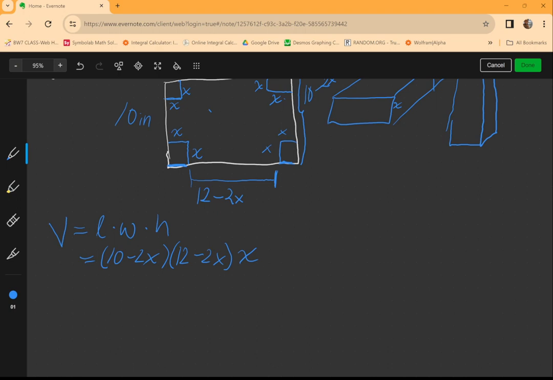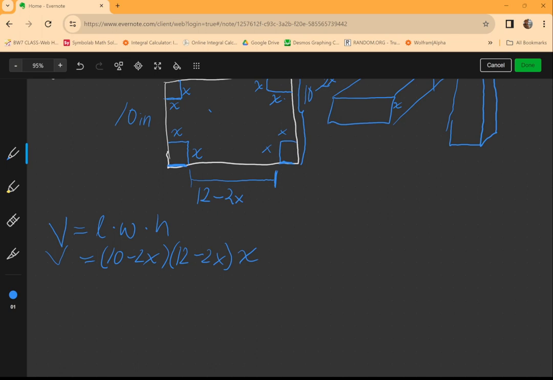Now here I have an equation that's strictly in terms of x, and x is the length of the flap that I'm cutting out. So I found a way to relate the volume with how much I'm cutting out of each corner.